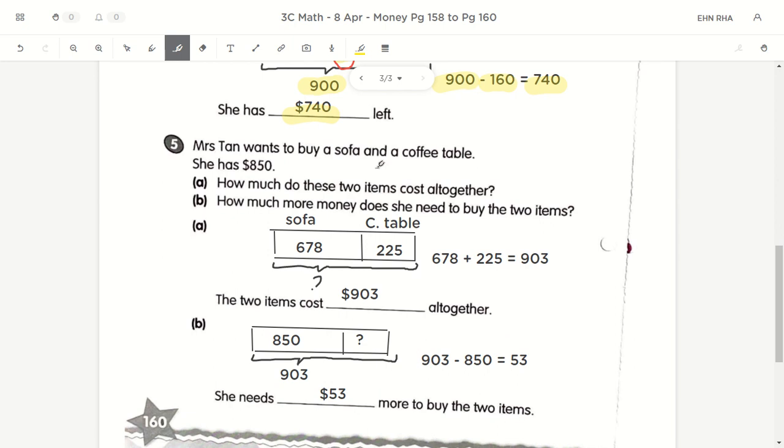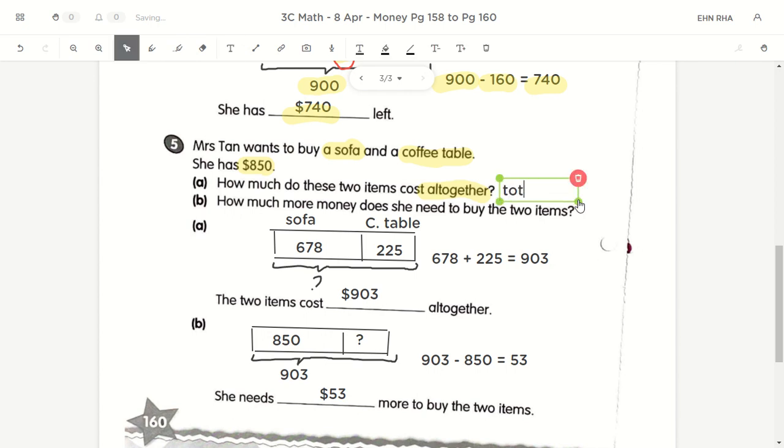Mrs. Tan wanted to buy a sofa and a coffee table. She has $850. It looks the same, but as you do it later, you realize it is slightly different. So I want to buy two things. I want to buy a sofa. I want to buy a coffee table. I have 850. I want to find all together, which is the total. Okay, so we can change the words we use.